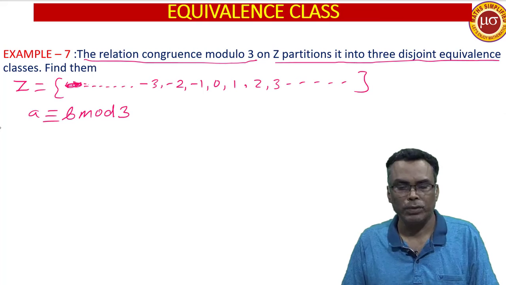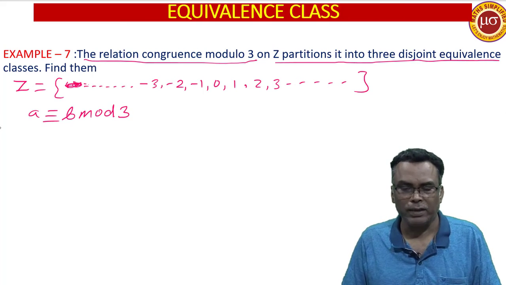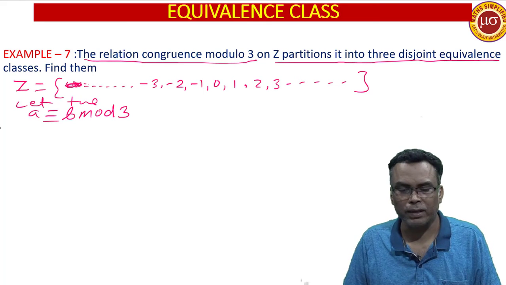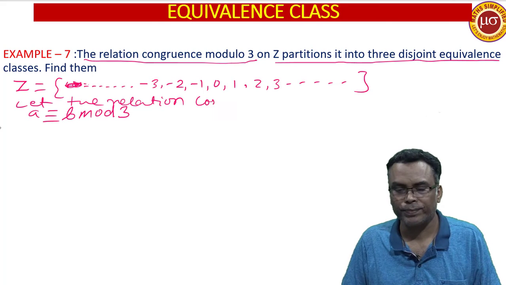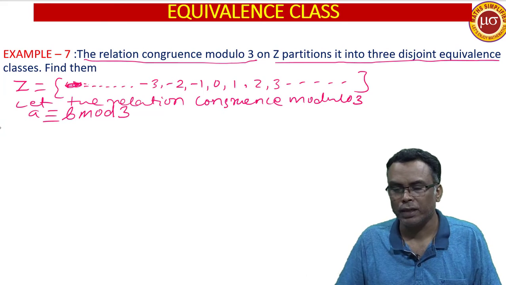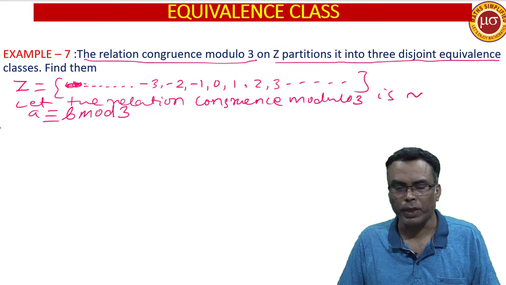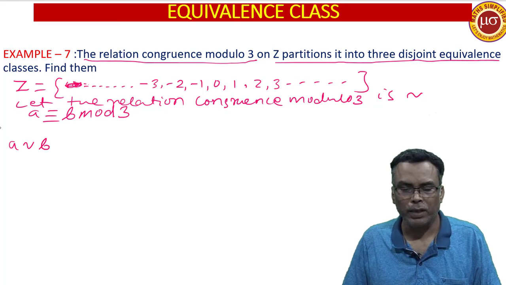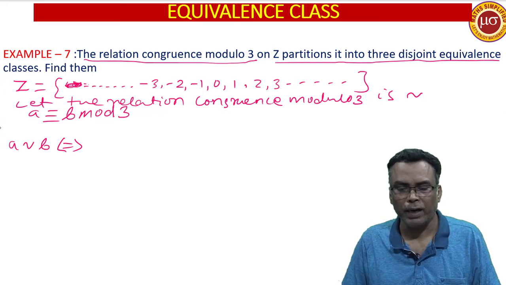I think you understood. Let us give a name to this relation. Let the relation congruence modulo 3 be denoted by R. So, A is related to B if and only if A is congruent to B mod 3.